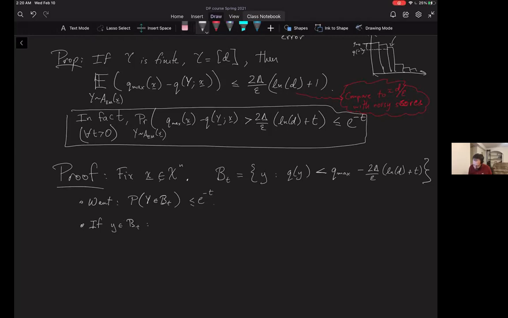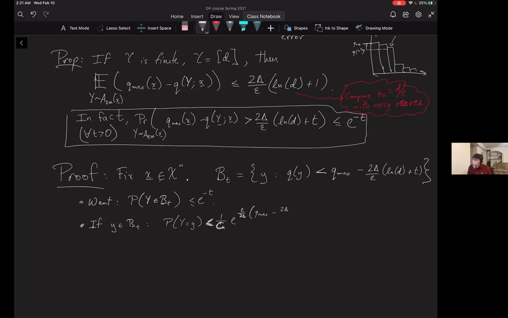Their probability is, again, 1 over c, the normalizing constant for x, times e to the epsilon over 2 delta times q max times this upper bound on the score.